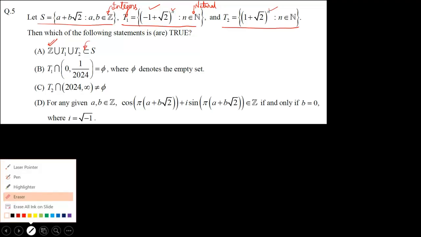In option A, we will verify the number of elements on both sides. Since Z is the set of integers, it will include minus infinity to minus 1, 0, 1, 2 and infinity.